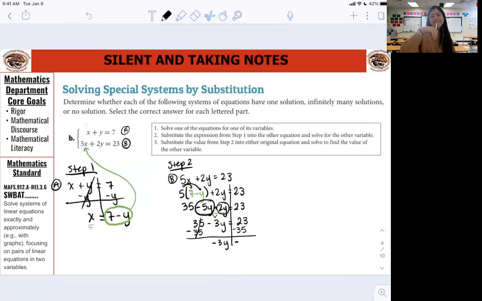Negative 12. I want to give everyone a chance to try it. Yeah, it's negative 12. So how did you guys do that in your heads when you actually do it? I just added 7 and 5, and I got 35.